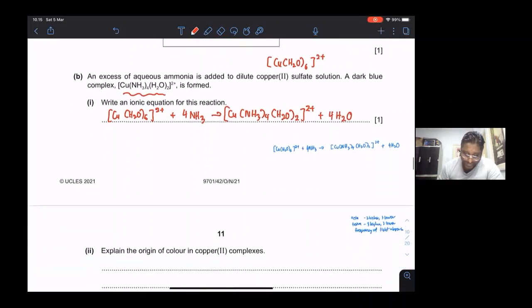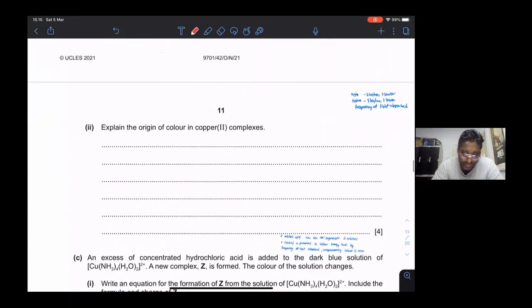So let's move on further. Now explain the origin of color in copper(II) complexes. Do remember that copper is a transition element, so when you explain, you need to mention the d orbital splitting. But because of the new syllabus, you need to be aware of certain things.